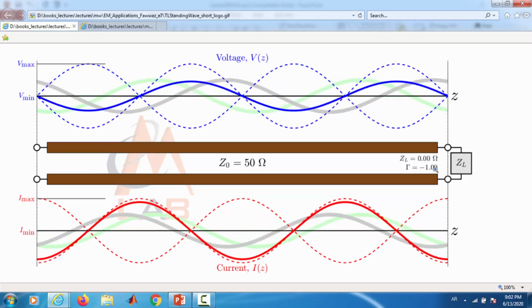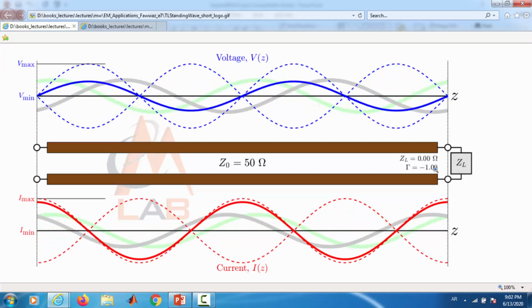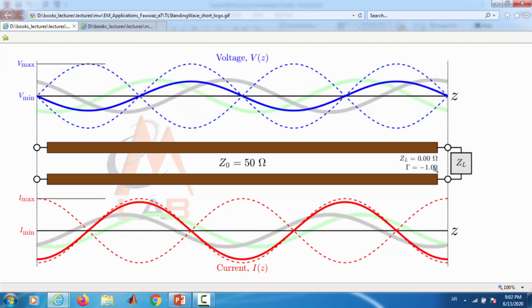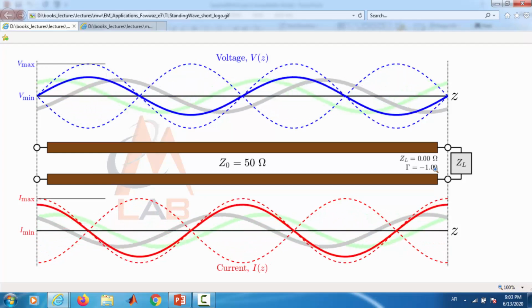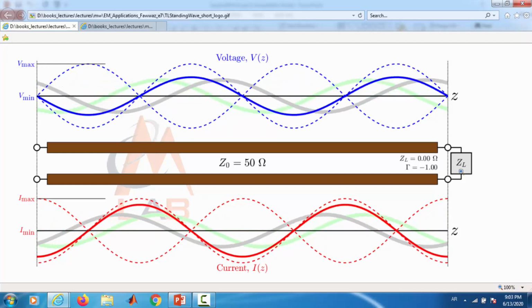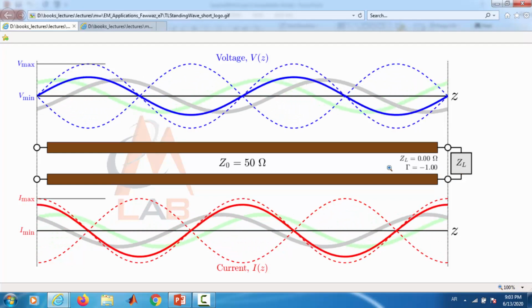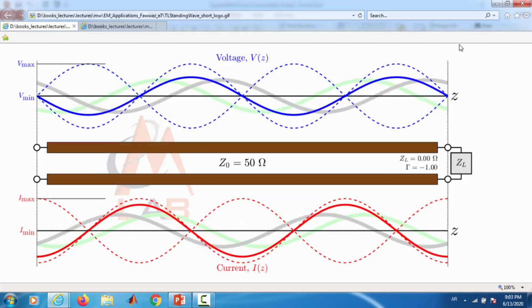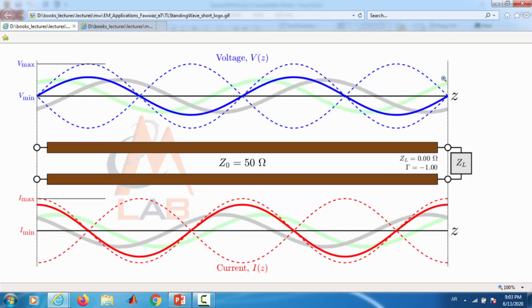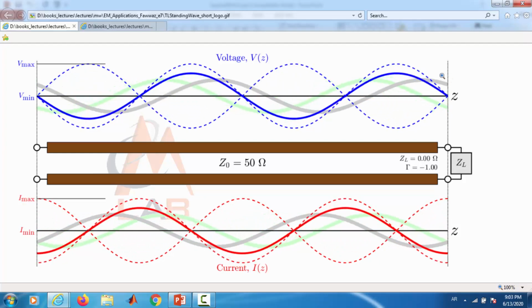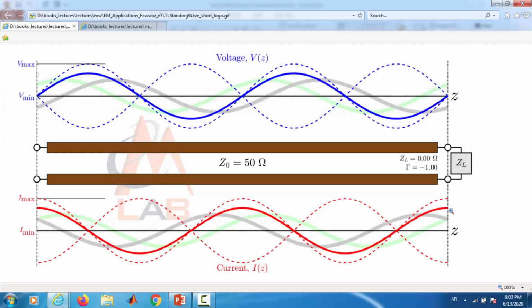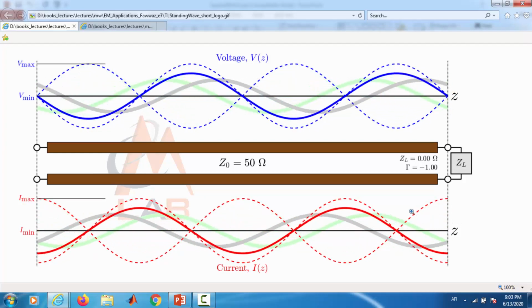So we expect all the power, voltage, and current will be reflected, out of phase with the traveled one regarding the voltage, and in phase regarding the current.